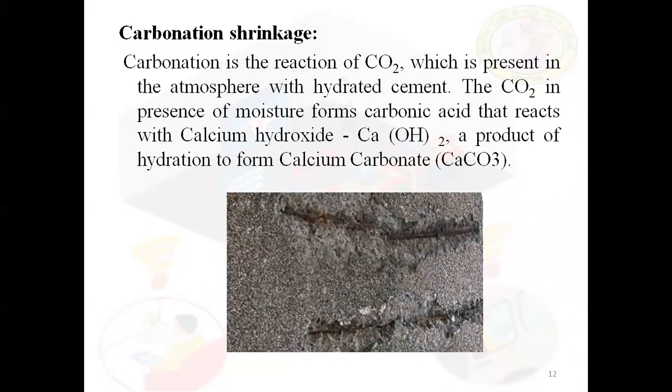From the chemical reaction of carbon dioxide and calcium hydroxide, calcium carbonate, CaCO3, will develop. Once the CaCO3 is developed, the strength of the concrete will reduce. Further reaction will develop CaO, which further distresses or deteriorates the concrete structure. So carbonation shrinkage has a very adverse effect, and we have to avoid it.